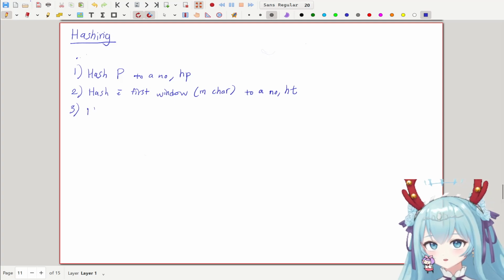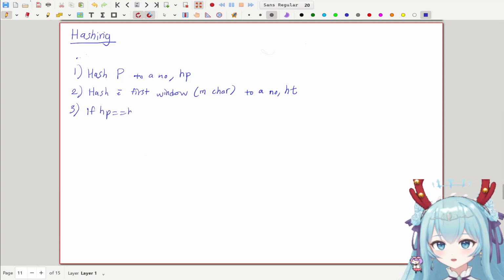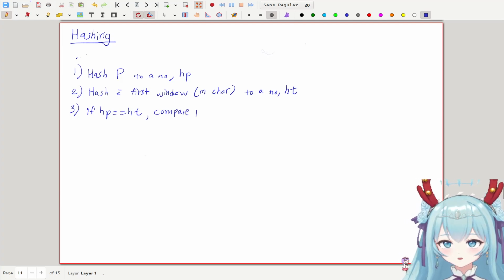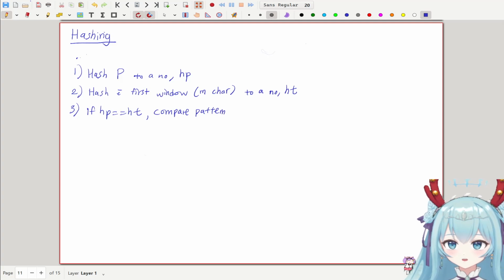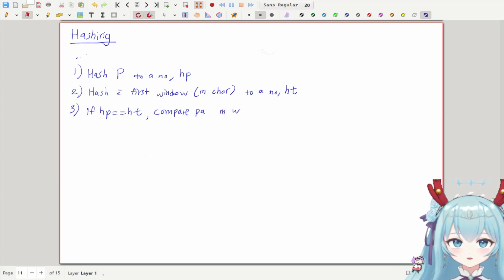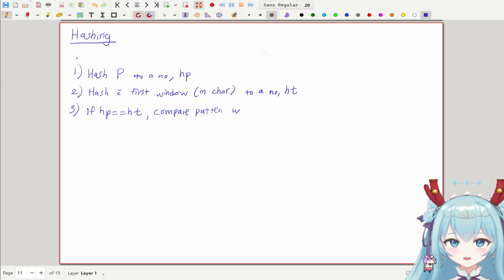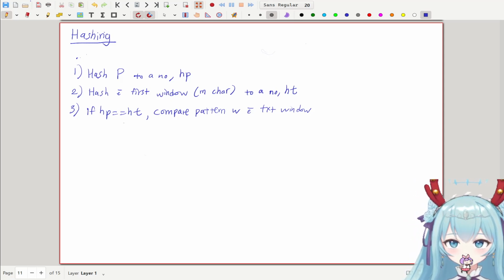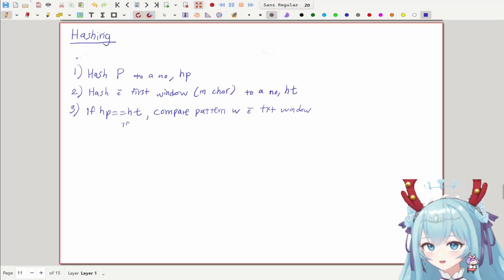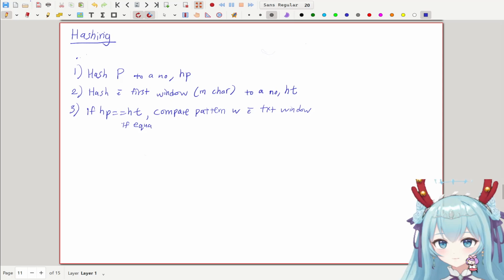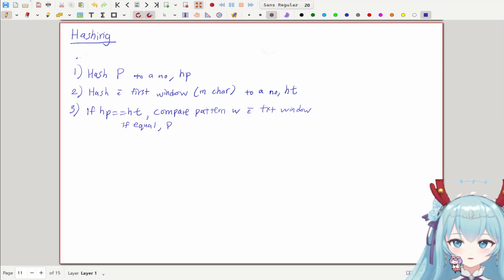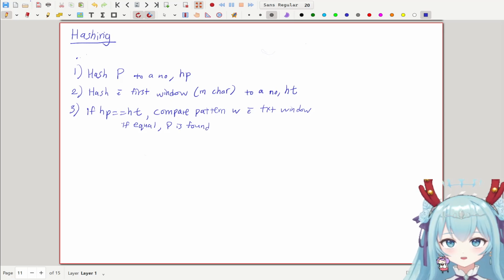And then if hp equals ht, we'll compare the pattern character by character with the text window. If they are equal, the pattern is found and we exit.